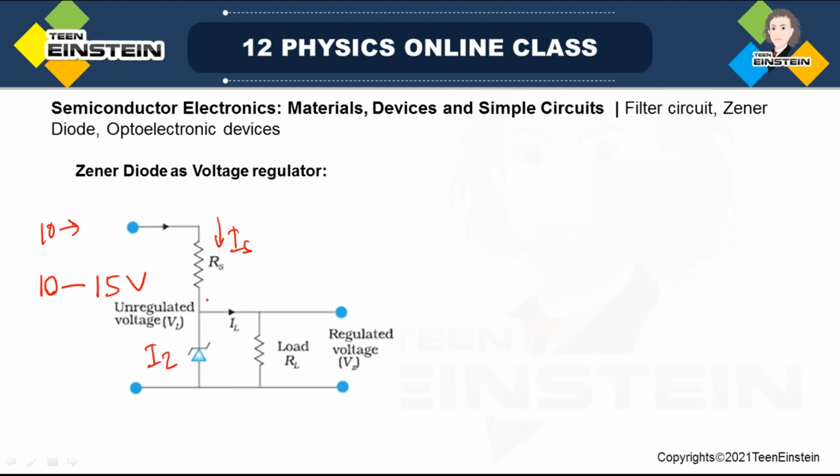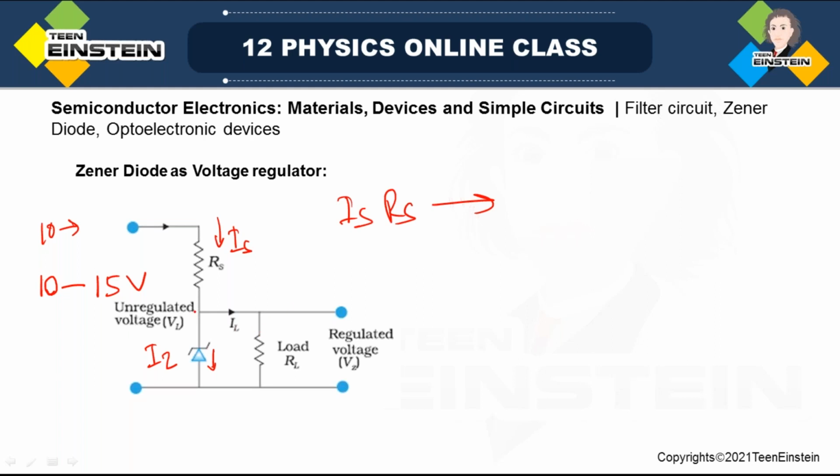Since they are in series circuit, if the current increases through Rs, obviously the current will increase in the Zener diode also. But whenever the current is increased, the Is times Rs value goes on increasing.